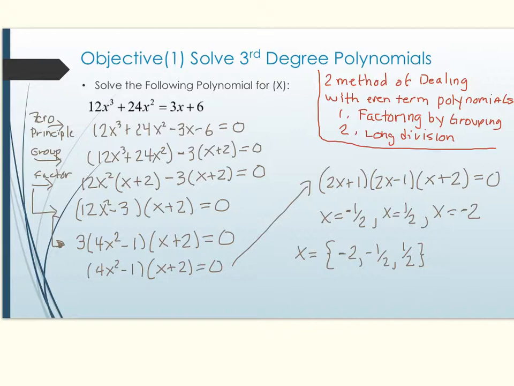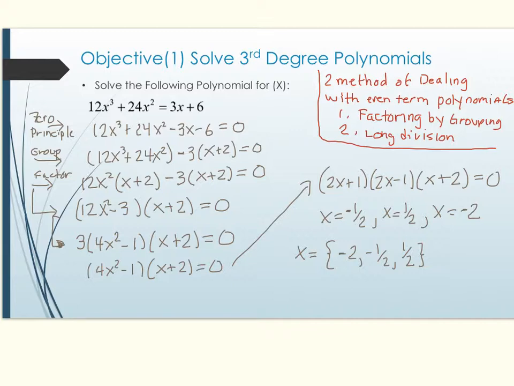Now we're going to group the first two terms, which is 12x cubed plus 24x squared, and we're going to take out a 3 of the last two terms and group that. So it's a minus 3 parentheses x plus 2, and that all equals 0. Now we're going to factor again.